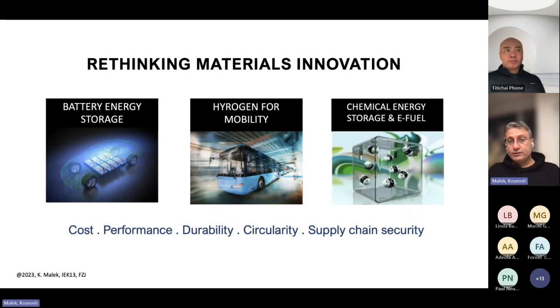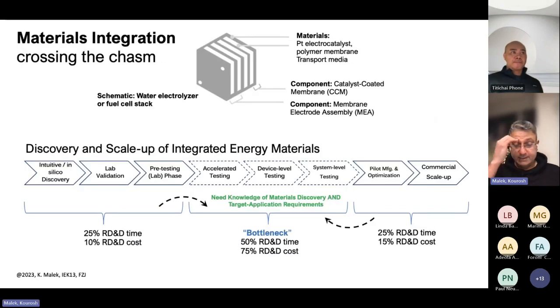So I just wanted to make sure that today, if you want to go to new materials, whether they are for batteries, hydrogen, or chemical energy and e-fuels, it's not about the cost, performance and durability of the materials anymore; circularity and supply chain security are becoming more and more important in the whole process.